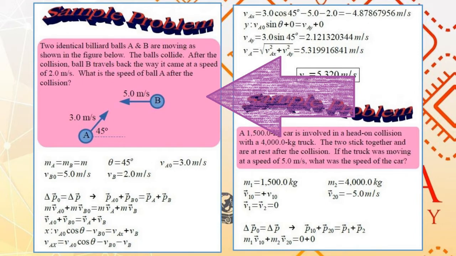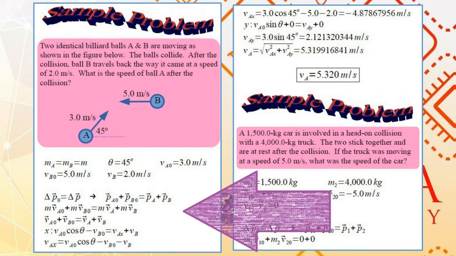A is moving at 3 meters per second at an angle of 45 degrees with respect to the horizontal, and B is moving horizontally with a speed of 5 meters per second. The balls collide. After the collision, ball B travels back the way it came at a speed of 2 meters per second. What is the speed of ball A after the collision?